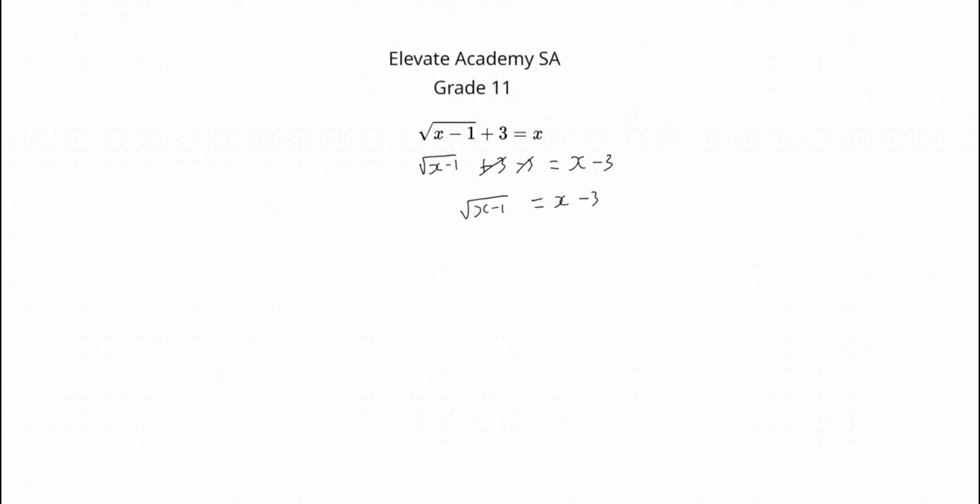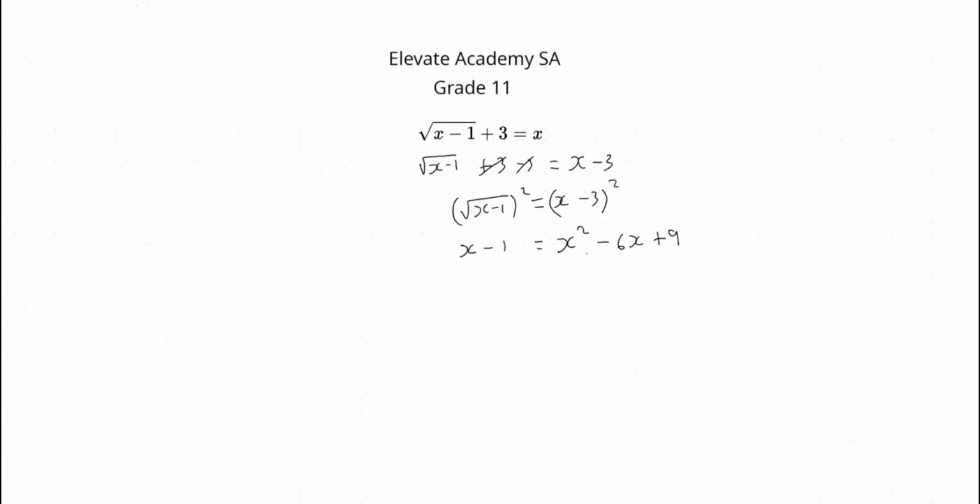Then we can square both sides. And when we square this side, we actually get rid of the square root and we're left with x minus 1 equals, and when we square that side, we get x squared minus 6x plus 9.